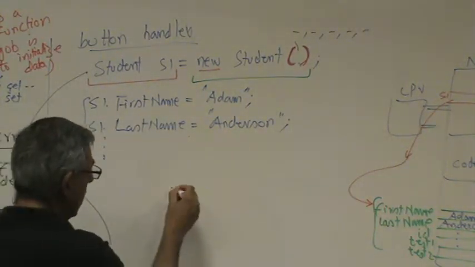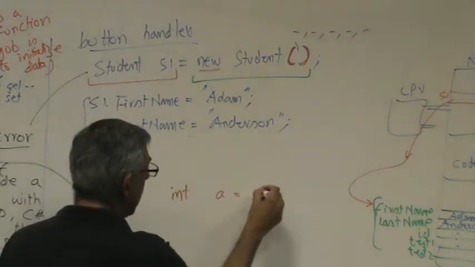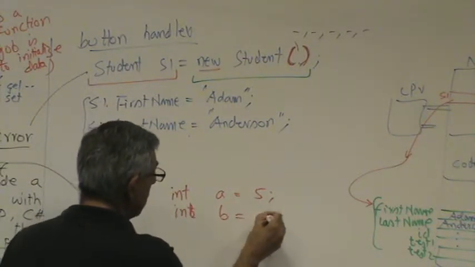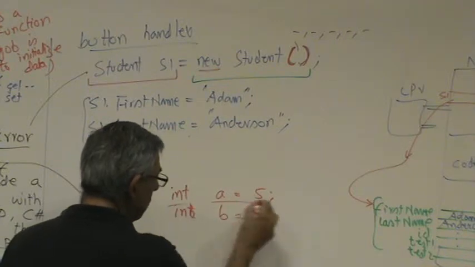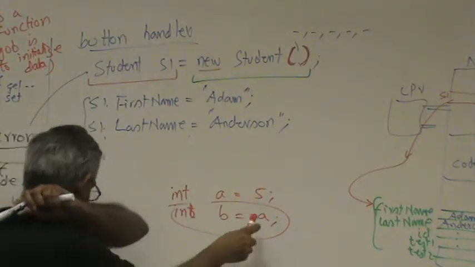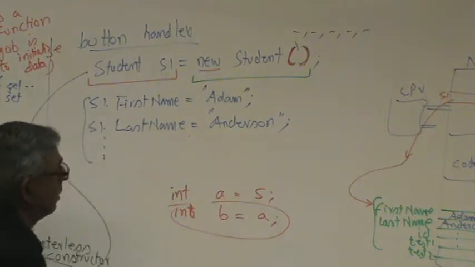If I say int a equal to 5, int b equal to a, what I'm doing over here is simply assigning one variable to another, right?